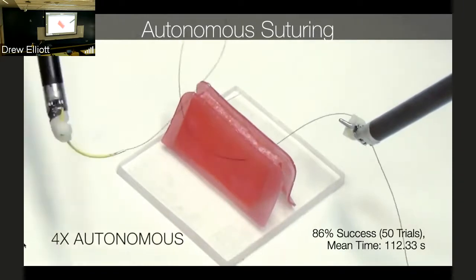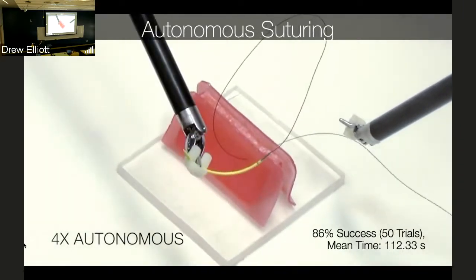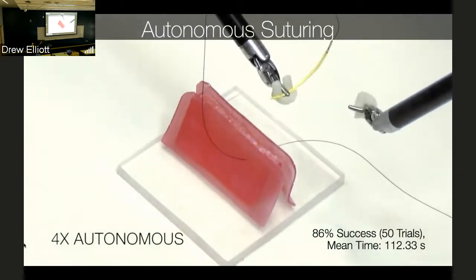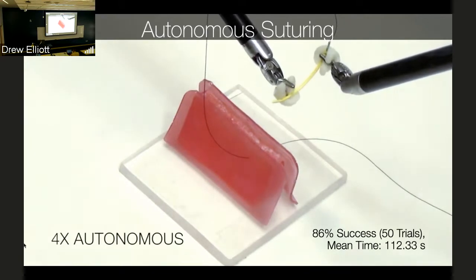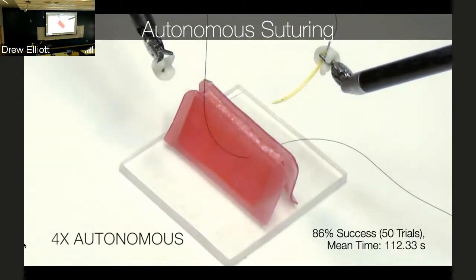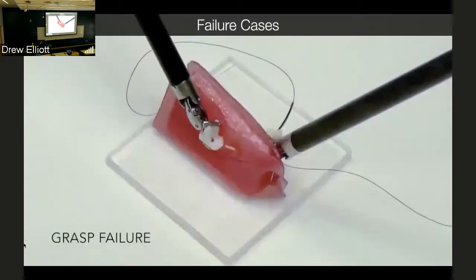And we were able to get some successful transfers. As you can see, this is very slow. This has been sped up by 4 times, and the handoffs are very awkward, and it doesn't work. This didn't work particularly well.